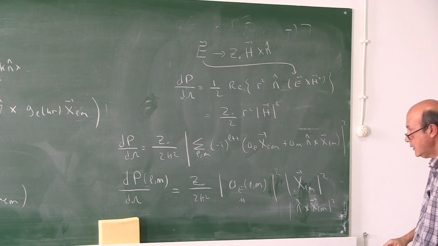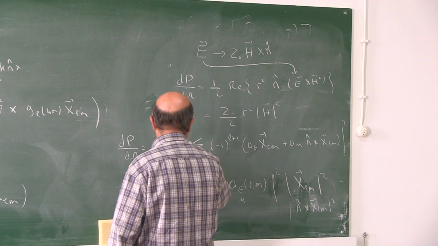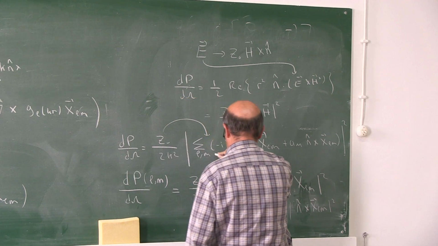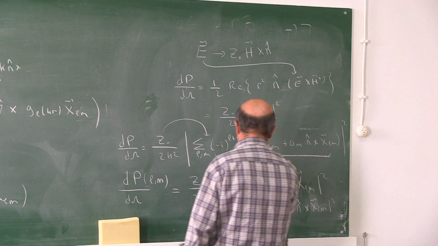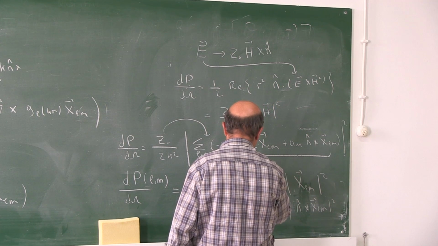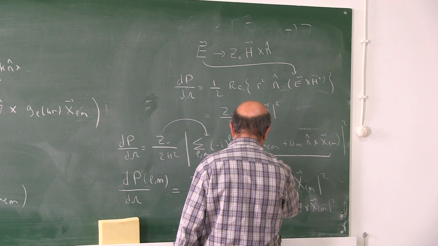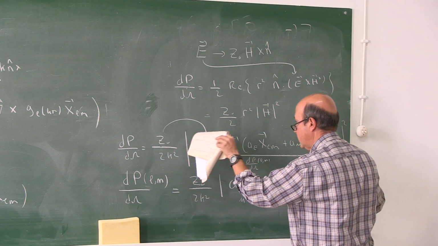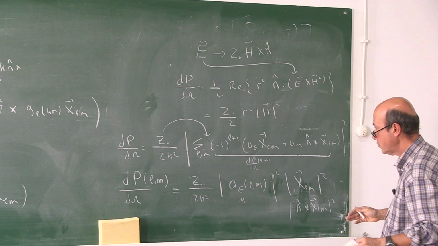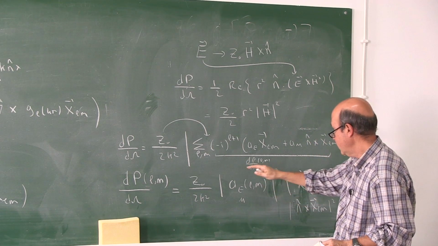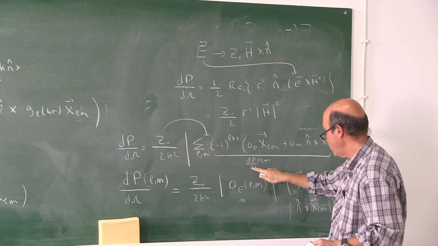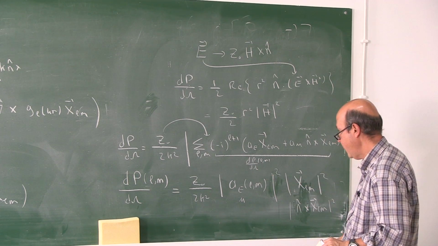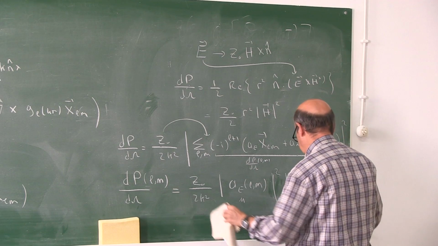So what I did here, basically you can take this to the inside and call everything inside the power emitted per solid angle for each Lm value. So you take this to the inside summation, and the absolute square of the summation is the power emitted per solid angle for each multipole order Lm, and your expression is in that form.